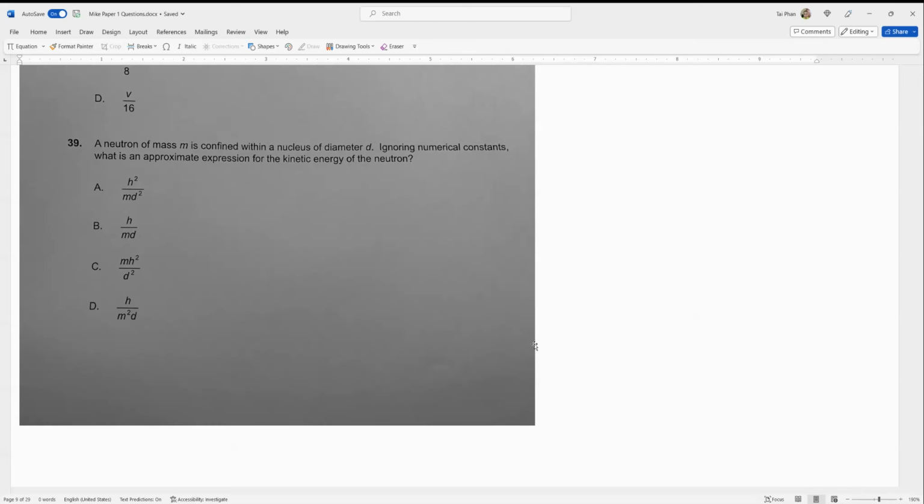Confined within nucleus diameter d. Okay. Confined inside this nucleus, we use the Heisenberg uncertainty principle, which means the uncertainty in position multiplied with the uncertainty in momentum is greater than or equal to Planck constant over 2 pi.